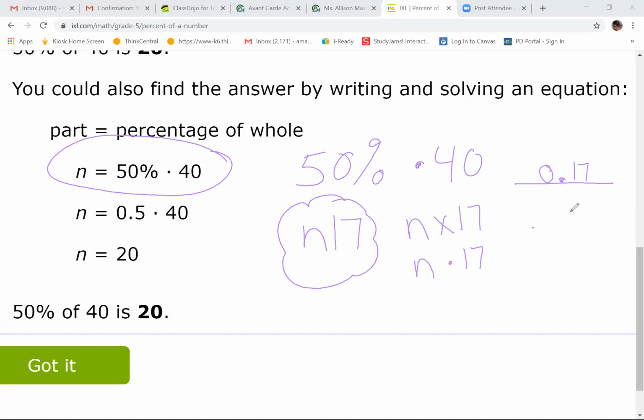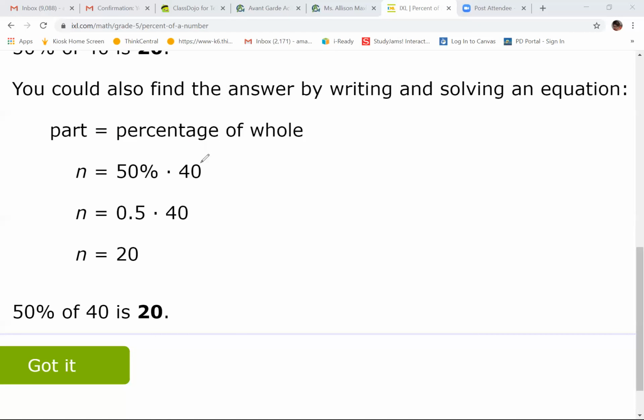If it's up in the air, that says 0 times 17. So that's another reason why you need to be very careful with your handwriting, because if you put that decimal up there, they might think you're multiplying. So I'm glad they did this. They're saying 50% times 40.